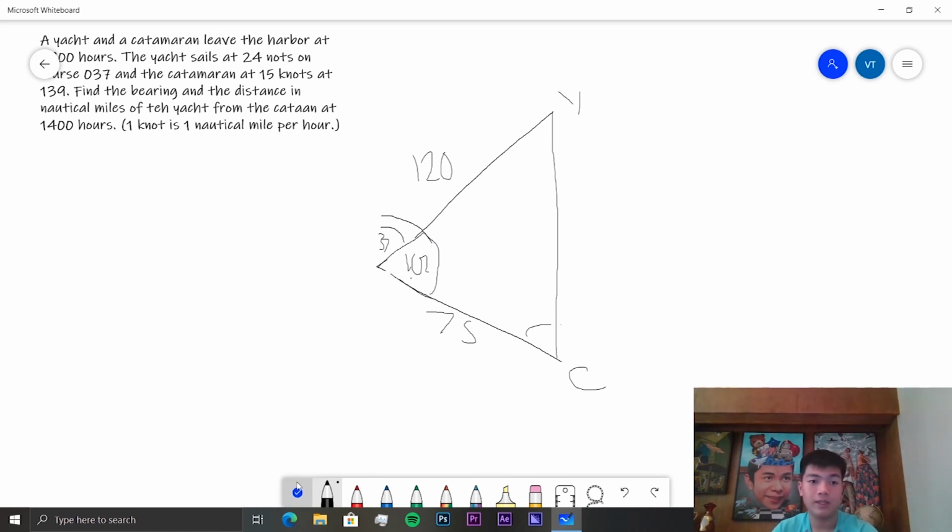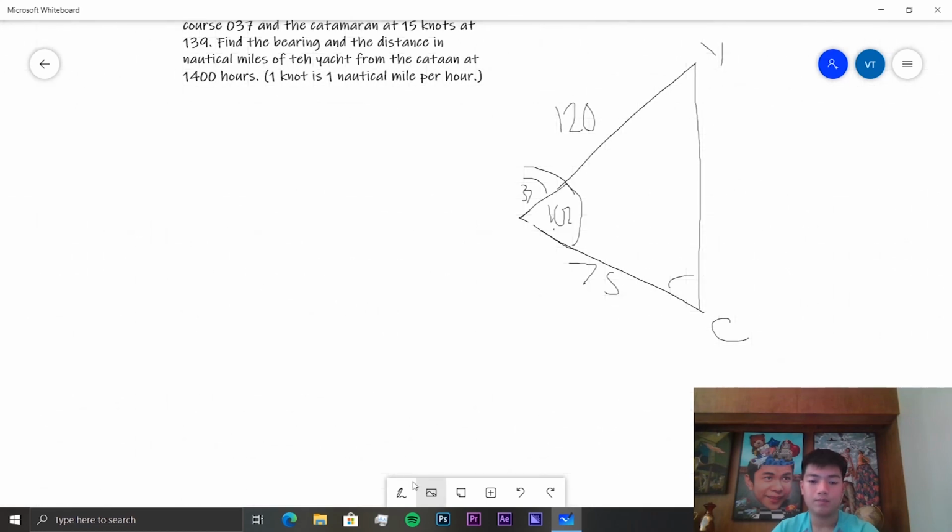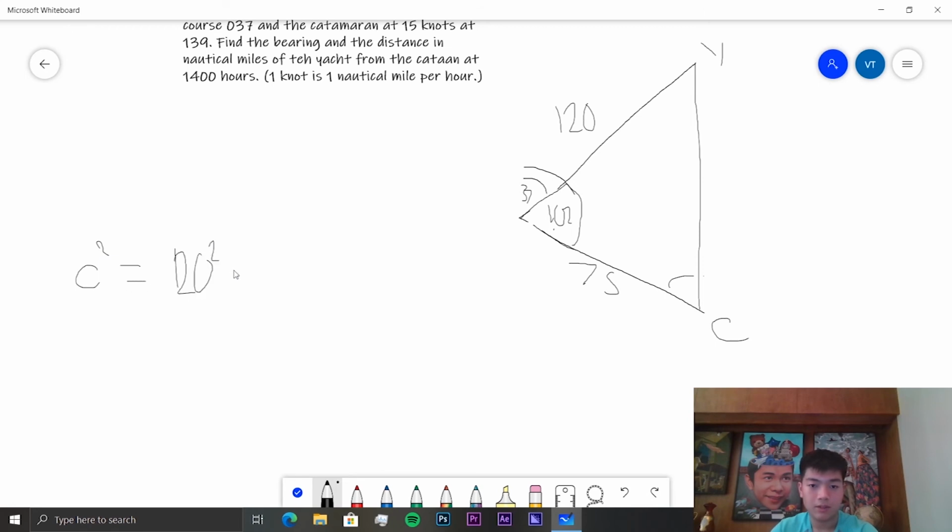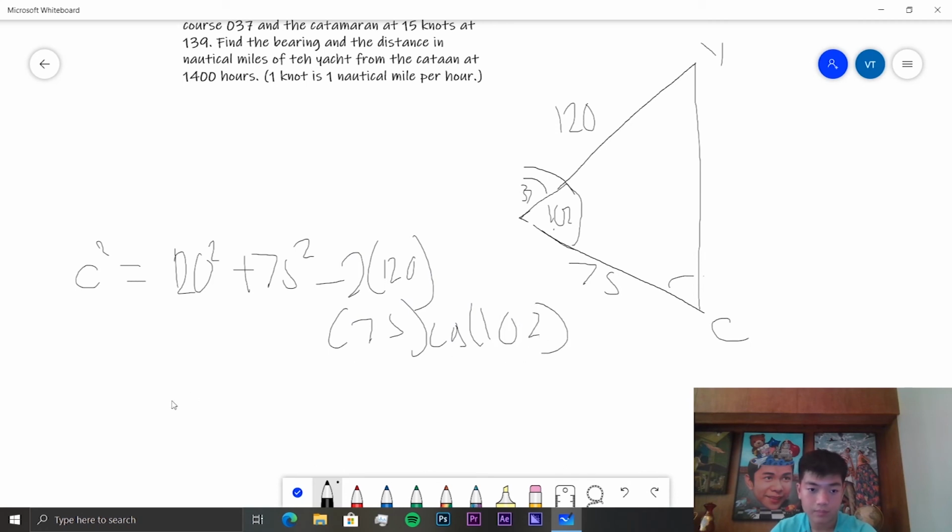Well, we'll use the cosine rule. So we have this distance, c squared, is equal to 120 squared plus 75 squared minus 2 times 120 times 75 times cosine 102.